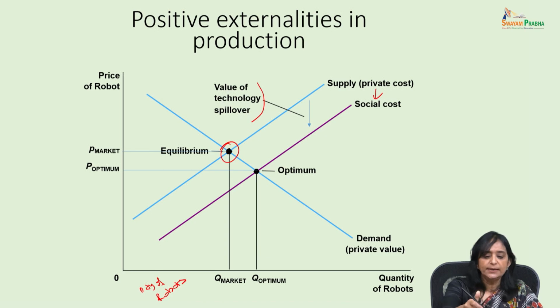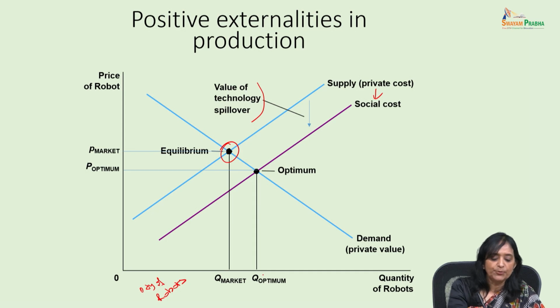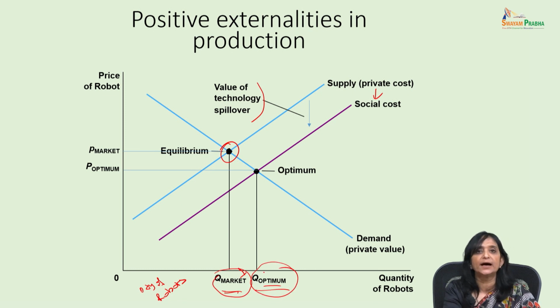So we see that the curve is shifting. So you come to an optimum point wherein the production should have been more than currently what the production is. So you see the difference? Here the markets on their own are producing less than what the society desires.